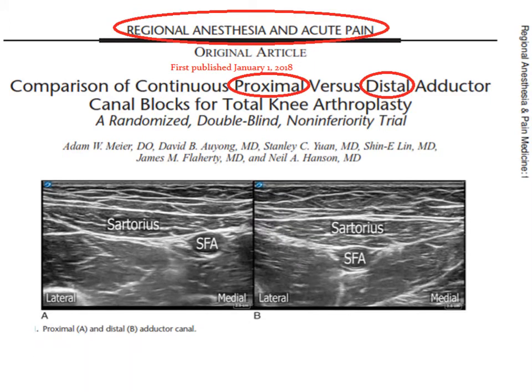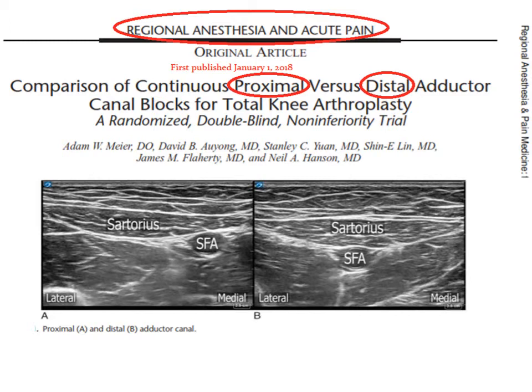By proximal, we describe the left-sided picture where the probe is located proximally and the superficial femoral artery is medial in relation to the sartorius muscle.